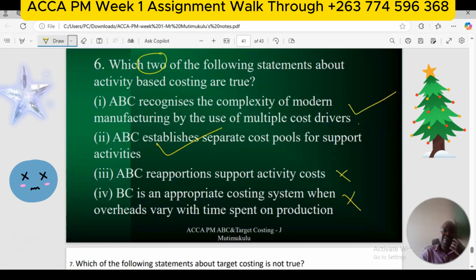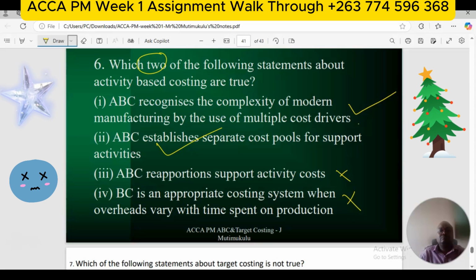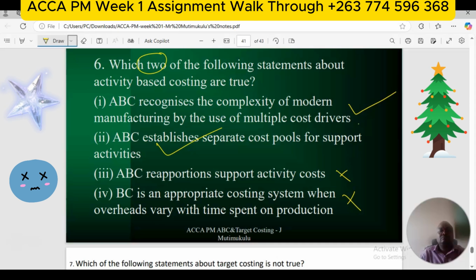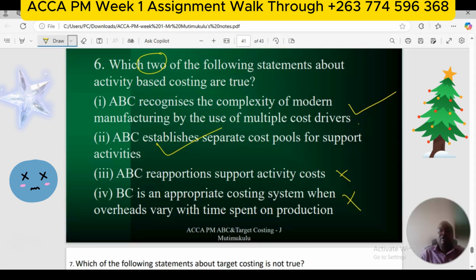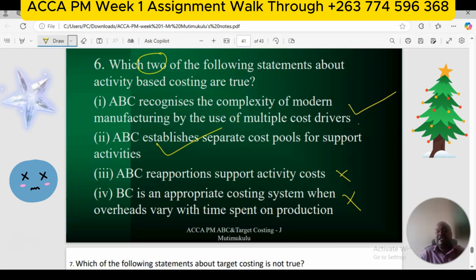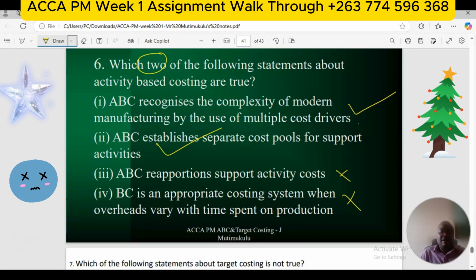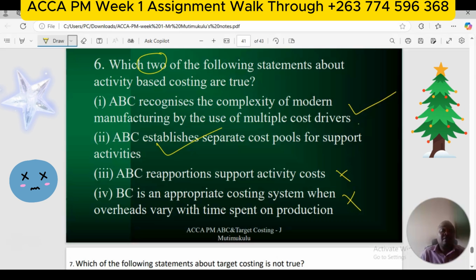ABC reapportions support activity cost. Was there any reapportionment? There is no reapportionment that was taking place. To reapportion simply means that, for example, if we are looking at the electricity overhead, we need to distribute it, to share it among departments.